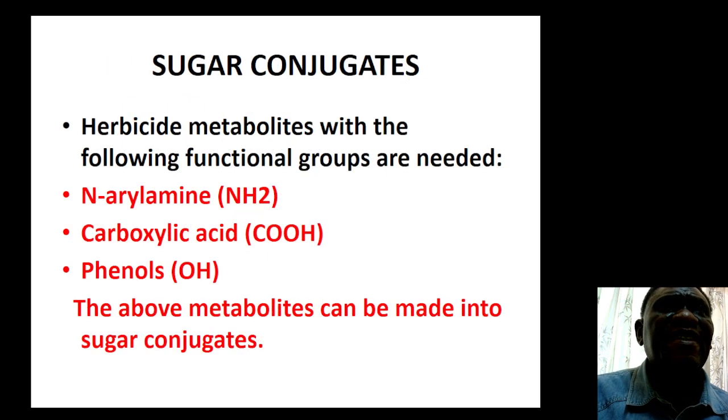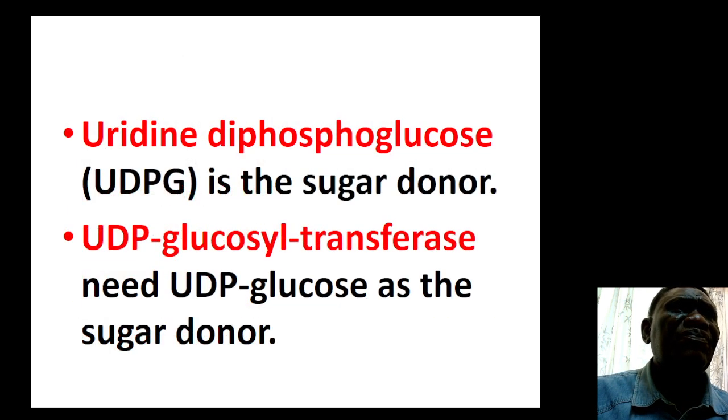Sugar conjugates: we have herbicide metabolites with the following functional groups, NH2, COOH, OH. These can be converted to sugar conjugates. We have uridine diphosphoglucose, UDPG, which is the sugar donor. Then UDP glycosyltransferase is the enzyme.